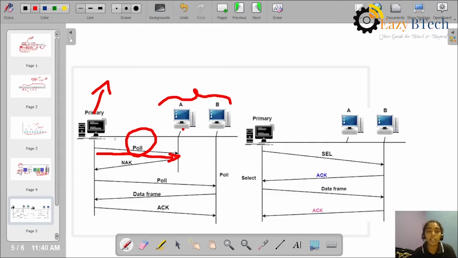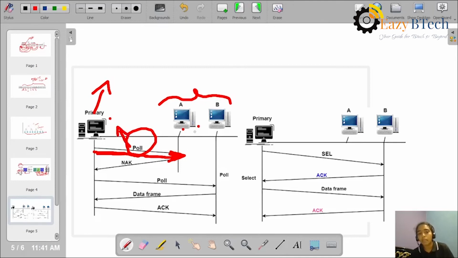So here the primary device means the server, and these are the clients A and B. If the primary device wants a data frame from a device, it gives an indication, poll. Poll means it wants to receive a data frame.